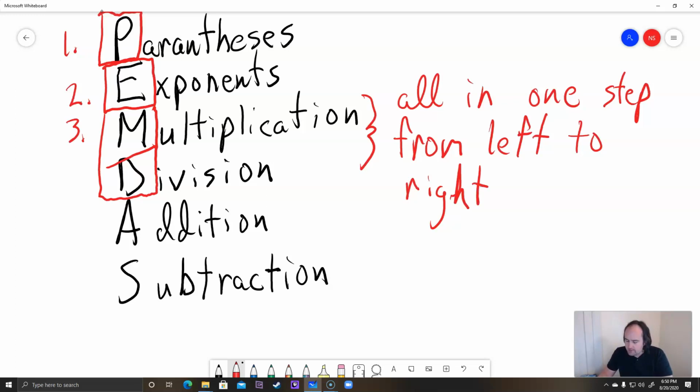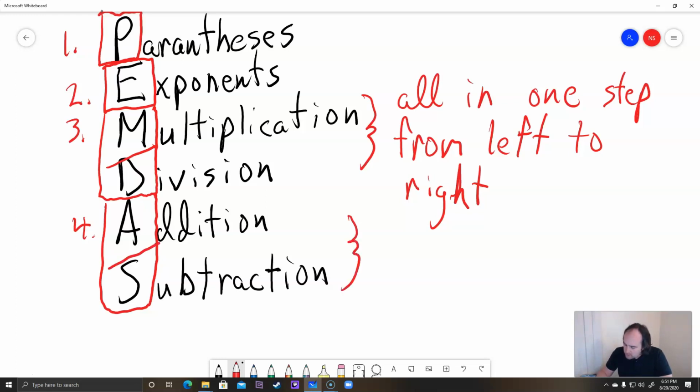Okay? And then your fourth step is actually going to be addition and subtraction. Also all in one step, from left to right. Although with addition and subtraction, the left to right part doesn't matter as much.